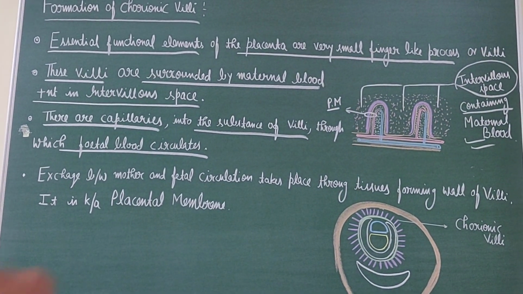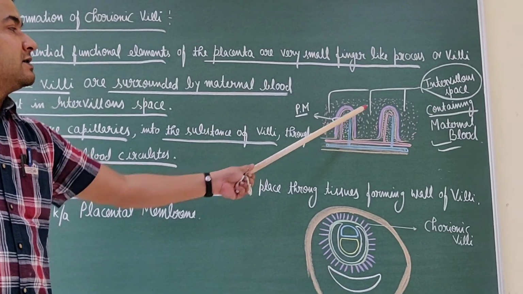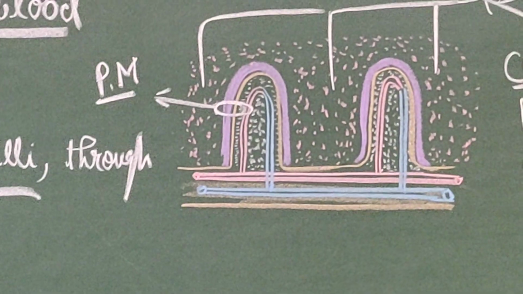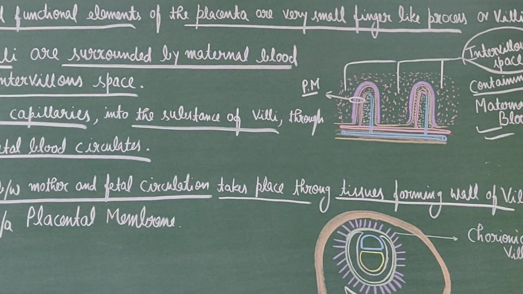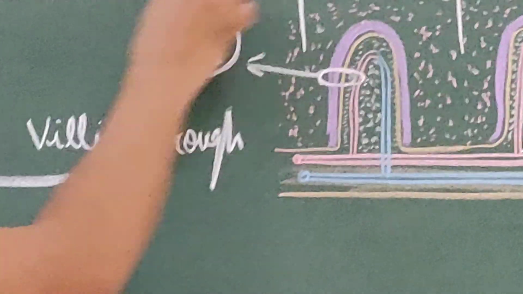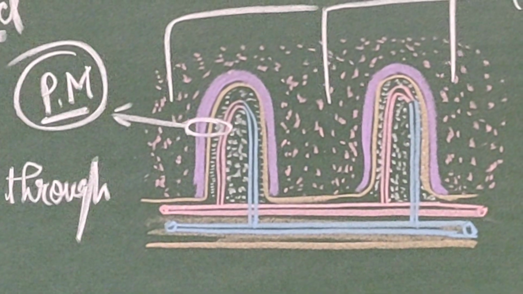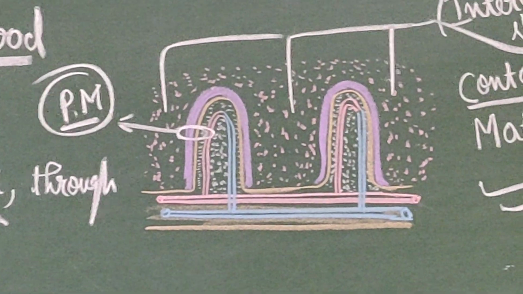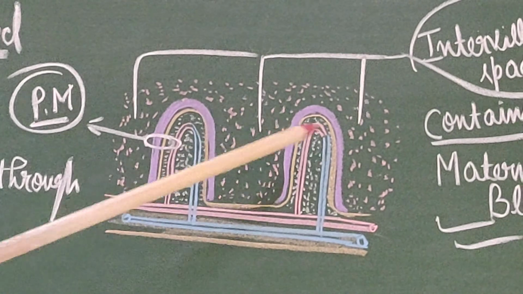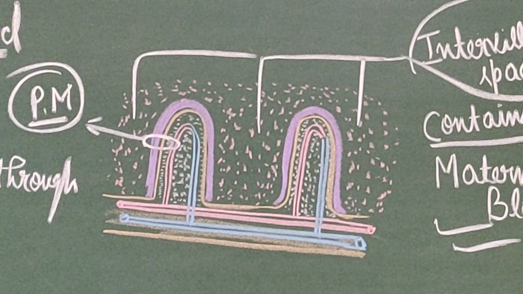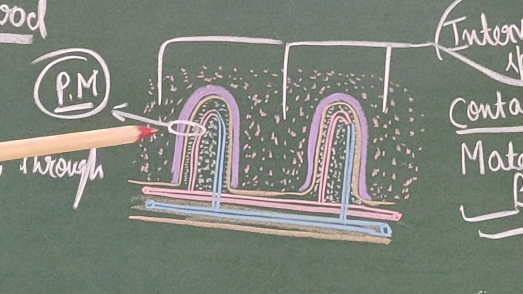Now the exchange between the mother and the fetal circulation, where the mother blood is outside and inside is the fetal blood, takes place through the tissue forming the wall of the villi. The tissue that forms the wall of the villi acts as a barrier, or it separates the maternal blood from the fetal blood, and through this wall the exchange of gas and nutrients occurs.